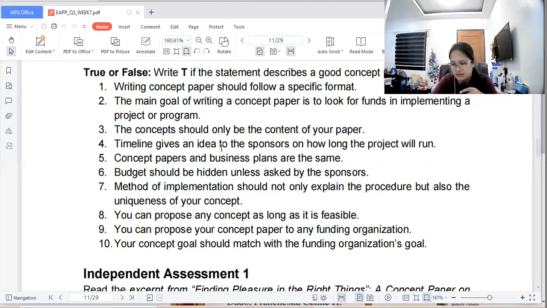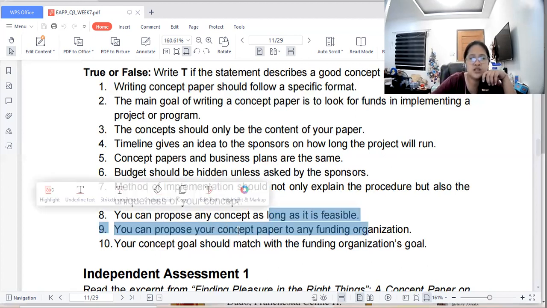Okay? 7, method of implementation should not only explain the procedure but also the uniqueness of the concept. So that's a big true. So you would justify why is your concept paper good? What makes it stand out? Okay? Then number 8, you can propose any concept as long as it's feasible. True, basta possible siya.